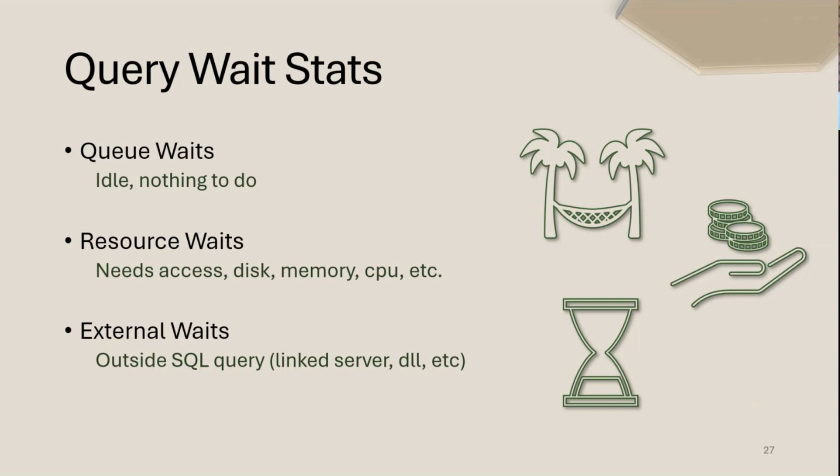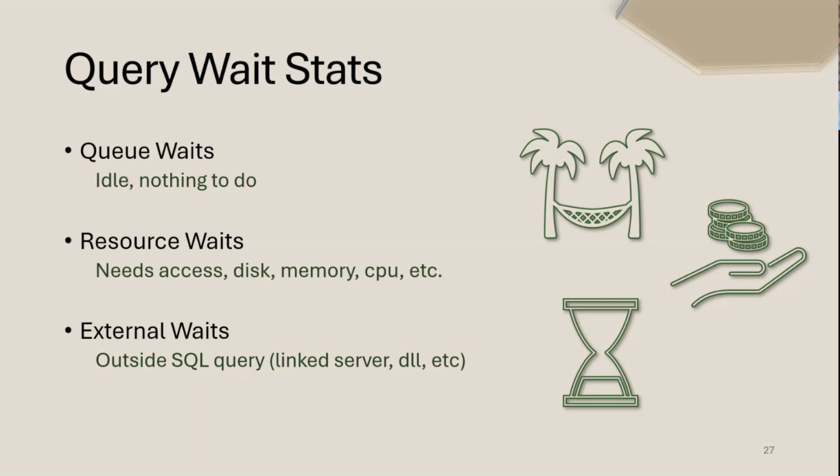Well, we can group waits into groups. There are queue waits: if it's not doing anything, that's registered as a wait. Then there are waits where it's waiting for something, if it needs access to something, or waiting for data on a disk or loading to memory, or a memory grant, or waiting for time on the CPU. There are hundreds of waits, but there can be resource waits, and we're probably a bit more interested in those than queue waits.